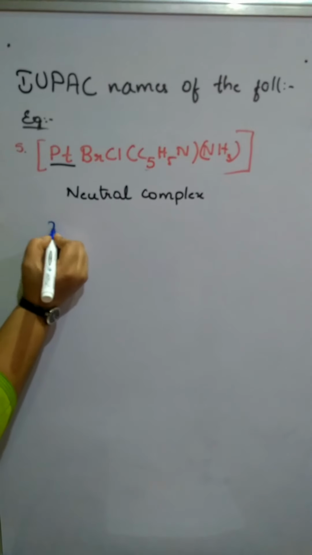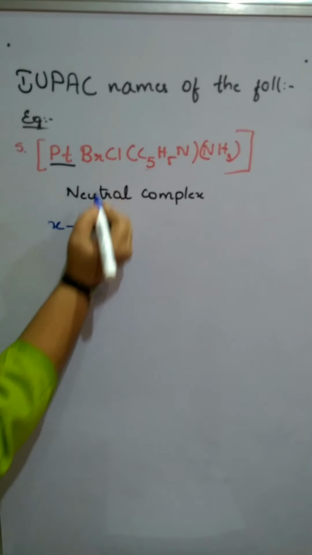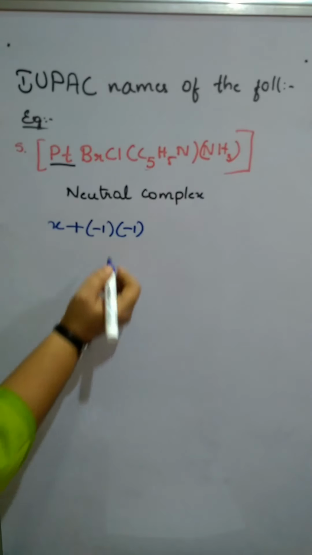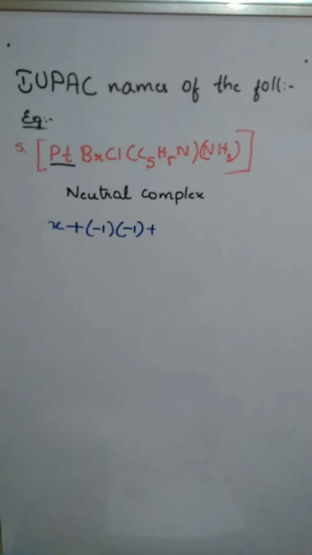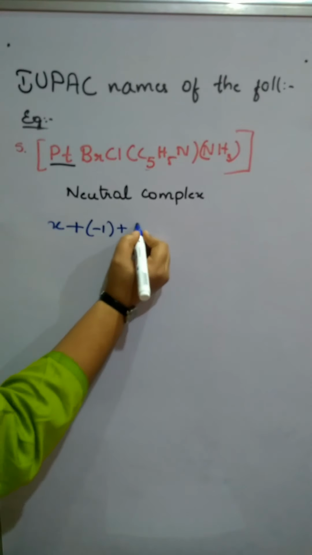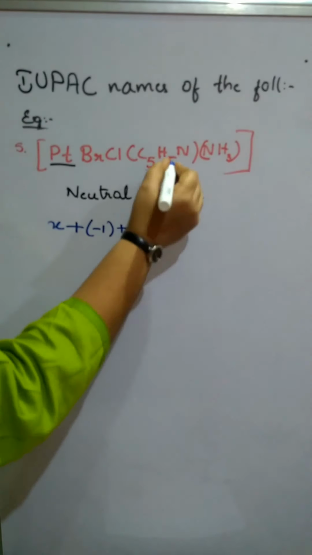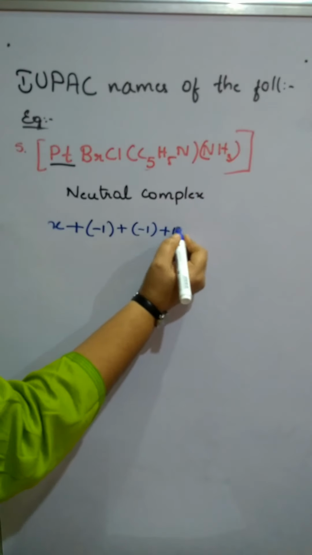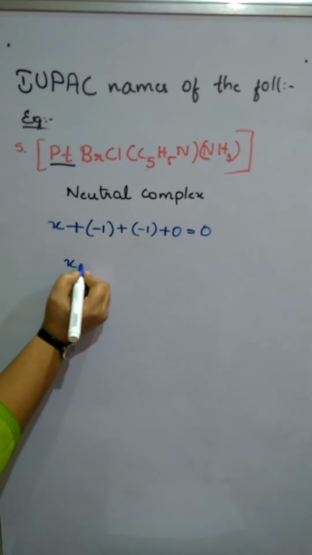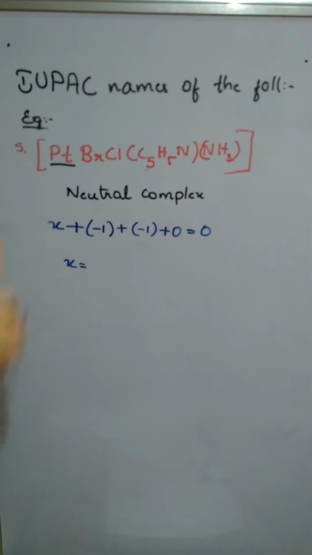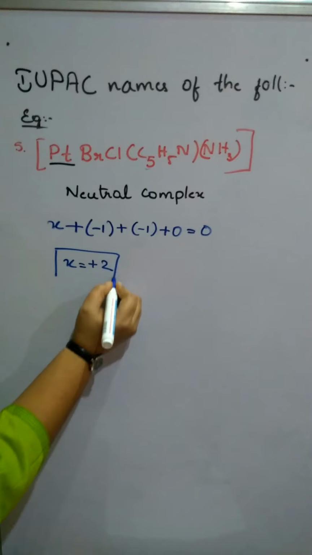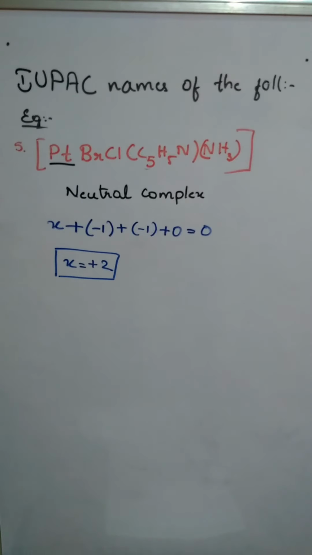So platinum, it is X plus 1 Br, it is minus 1, Cl, that is minus 1, plus neutral ligand, this is also neutral ligand 0, that is equal to 0 because charge is 0. X is equal to minus 1 minus 1, it is minus 2. Shift that one that side, then it becomes plus 2. So platinum with an oxidation state of plus 2 here.